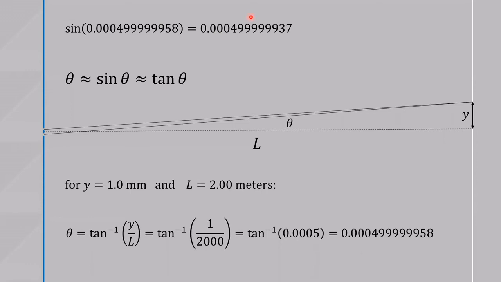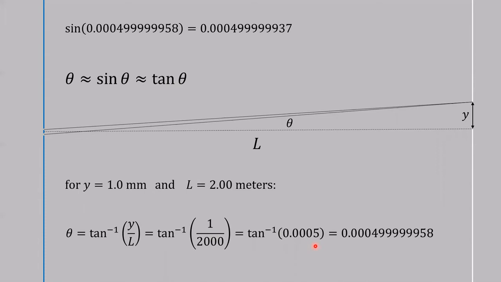Okay, so I hope I've convinced you that the angle in radians, that's this number here, is very close to being equal to the sine of that angle. This is the sine of the angle. This number in parentheses is the angle. And the tangent of the angle would be the 1 over 2000, which is 0.0005.